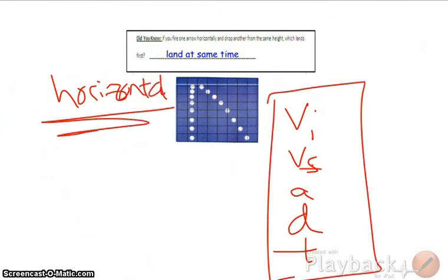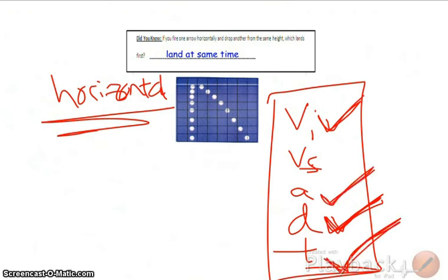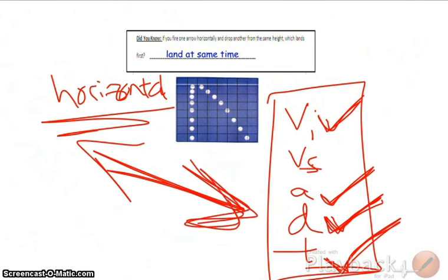So as long as they have the same D and the same VI, they're going to have the same A, which means they'll have the same T. And you can actually check it out and try it out. The two directions are independent, so it doesn't affect each other.